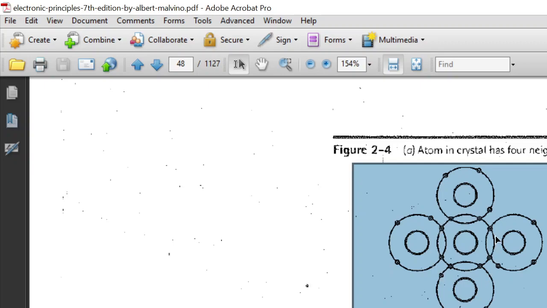Once it has 8 valence electrons in its outermost shell, this silicon atom will have a stable chemical configuration. Its outermost shell will be a stable orbit, and the atom will become a stable atom. So it will not try to accept any further electrons, nor will it try to give out any electrons.